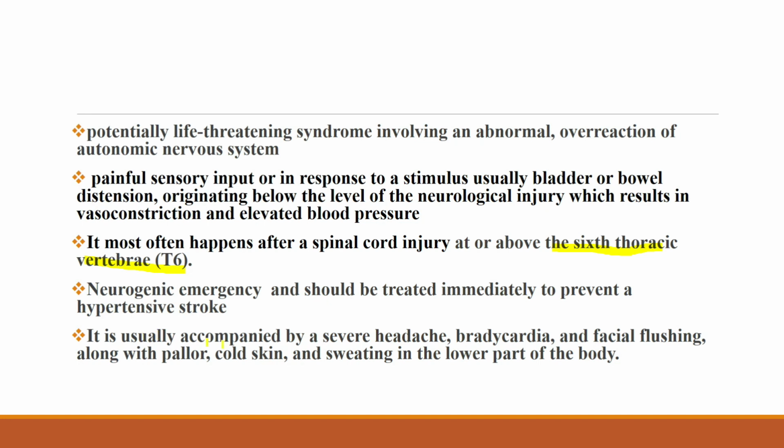It is usually accompanied by a severe headache, bradycardia and facial flushing along with pallor, cold skin and sweating in the lower part of the body. So autonomic dysreflexia is a life-threatening syndrome, and it occurs in response to painful sensory input or a stimulus, usually bowel or bladder distension, originating below the level of the neurological injury, which can result in vasoconstriction and elevated blood pressure.